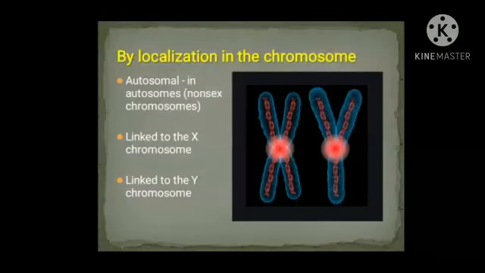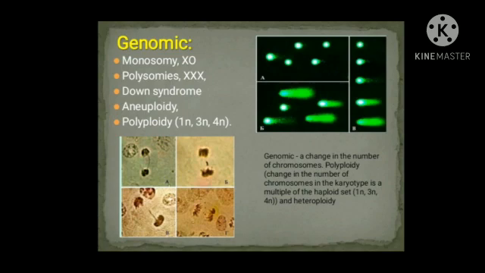The next type of chromosomal aberration or error concerns localization in the chromosome. Here we can speak about the first, autosomal, in autosomes or non-sex chromosomes, and the second type linked with X chromosomes or linked with Y chromosomes. The next part of our example is genomic.